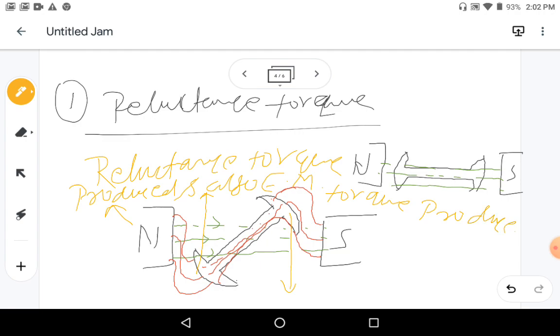In this case, the reluctance of the air gap is so high that maximum flux wants to pass through the rotor, so the rotor should rotate, therefore the path of flux must be straight.